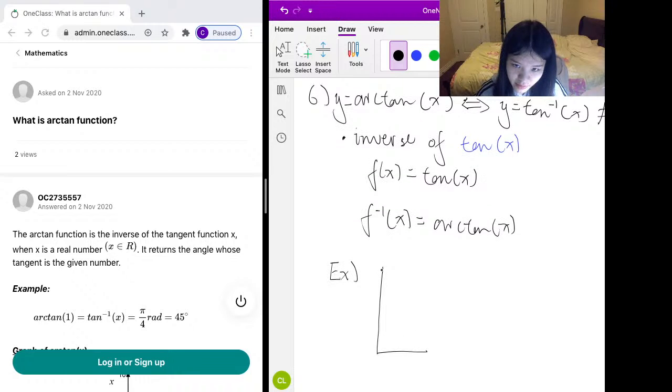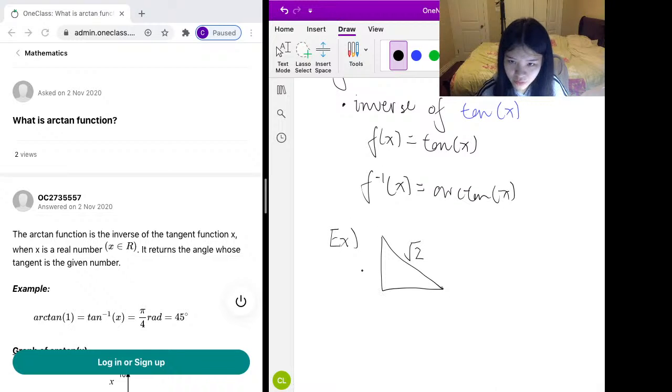Here the hypotenuse is √2, and both its sides are 1, and the angle here is 45 degrees, which is pi over 4. This is a right-angled triangle.